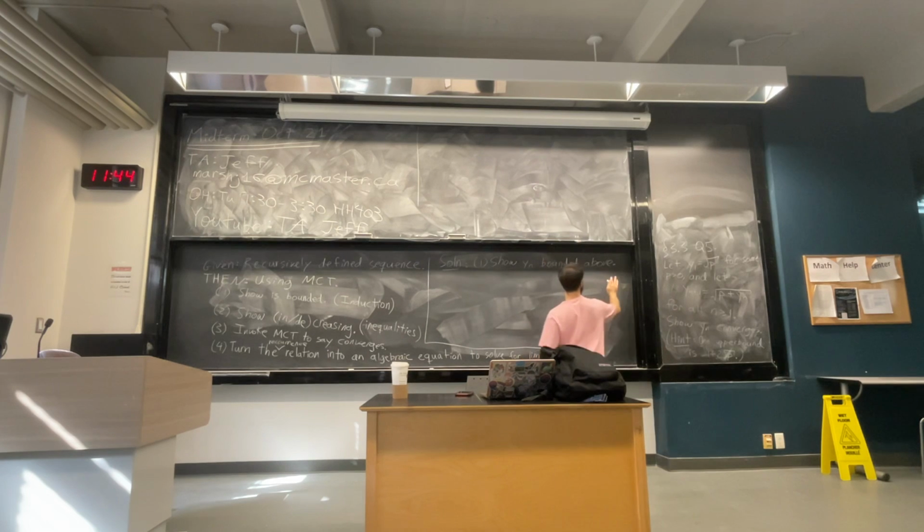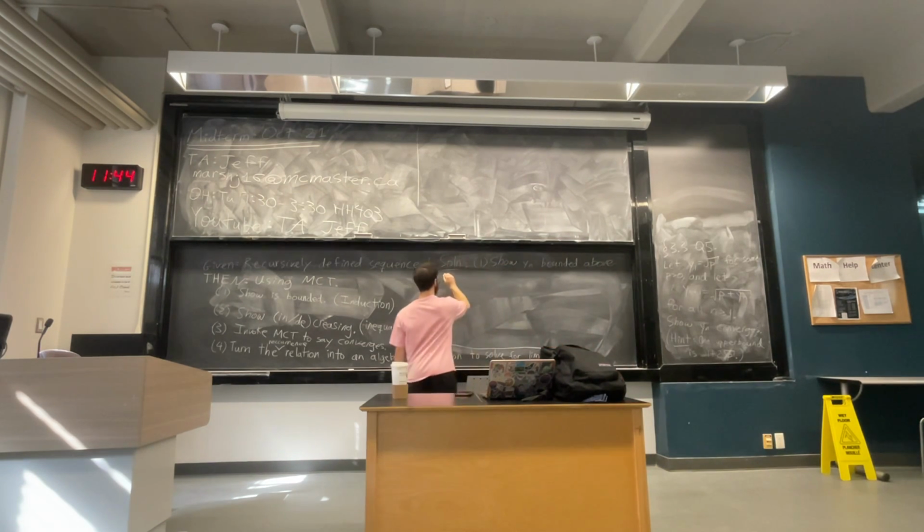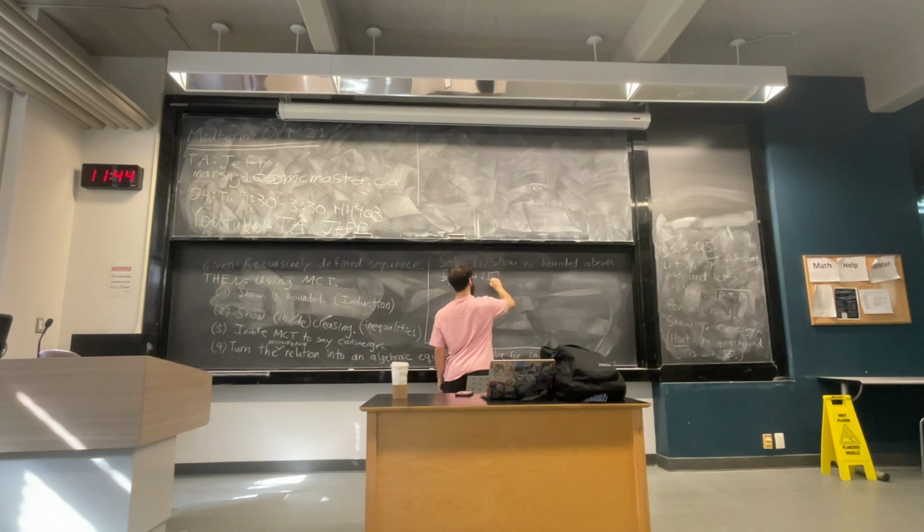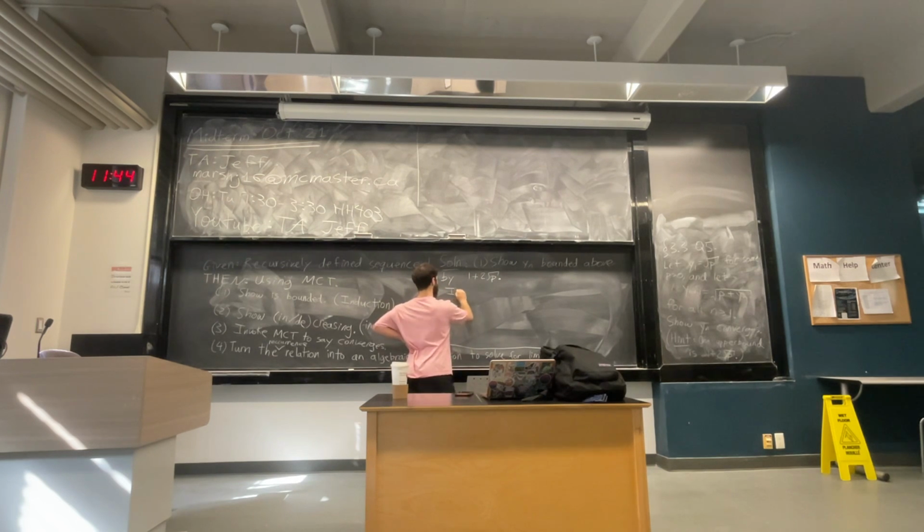The question gives us an upper bound, so we're going to show it's bounded above by this upper bound, 1 plus 2 square root of p. And this is an induction situation.